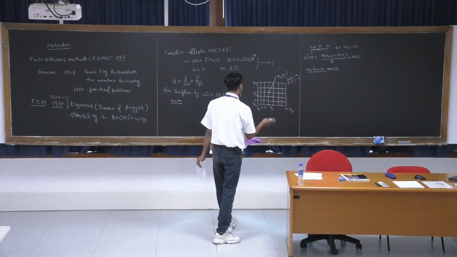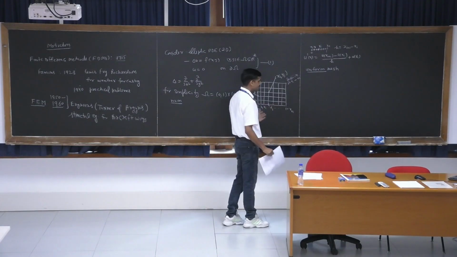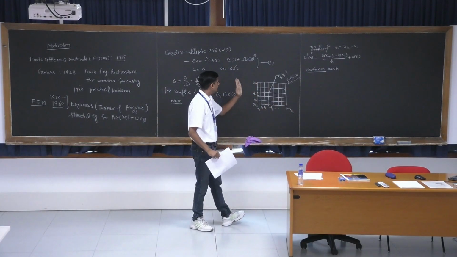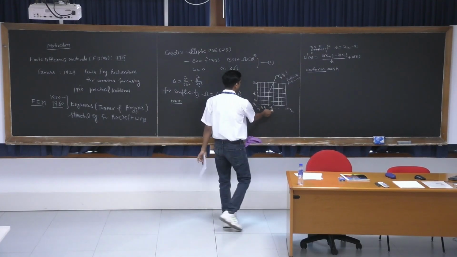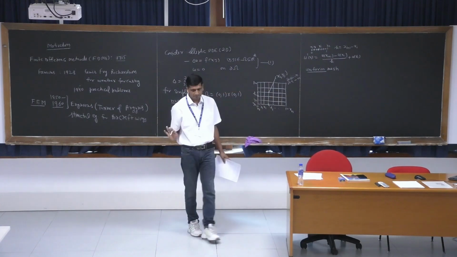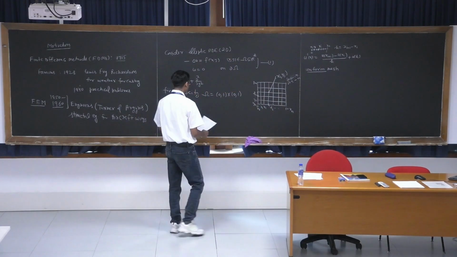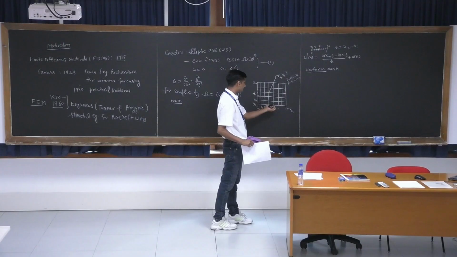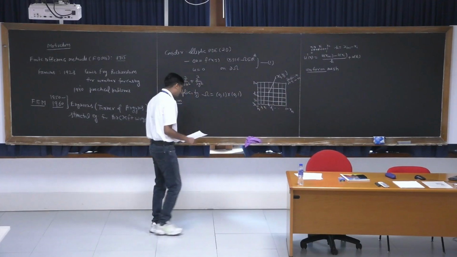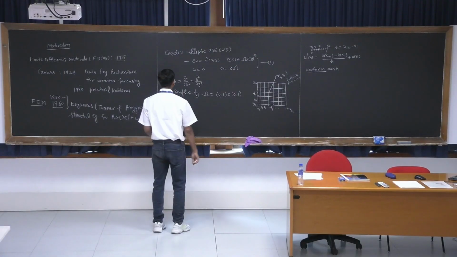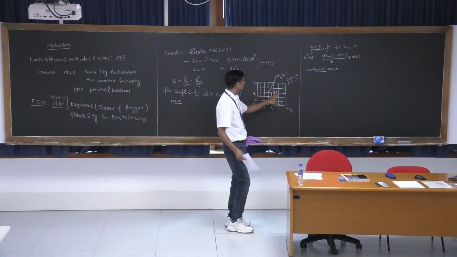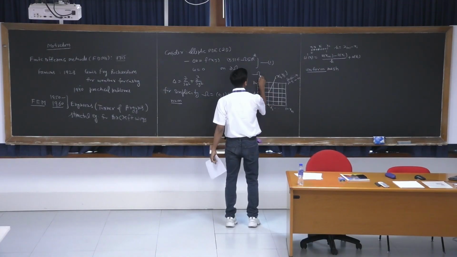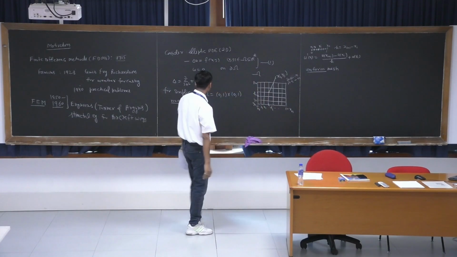Means I am taking both step lengths, in the x direction and the y direction, as h, the same. But you can take this as h and this as k; people use this also. But for simplicity, I am just explaining that you can take step length h in the x direction and h in the y direction. So first of all, discretize the domain. This was our domain, discretized into mesh points.